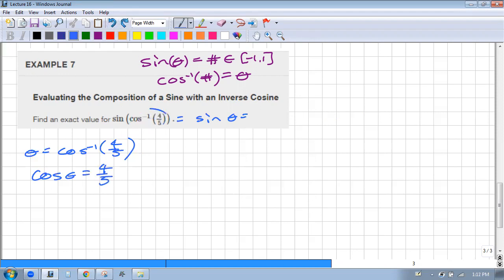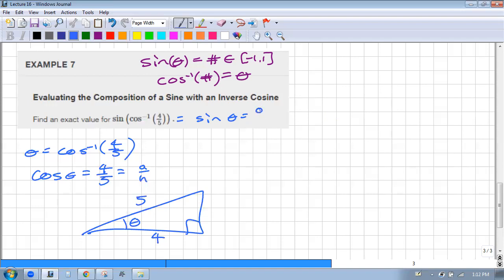What I know about it is that cosine of it is 4/5, but I need to know what sine of it is. Well, cosine is always adjacent over hypotenuse. So if I just draw a little triangle here, call this theta. I don't know what theta is. I just know that cosine of it is 4/5, and that's always the adjacent over the hypotenuse.